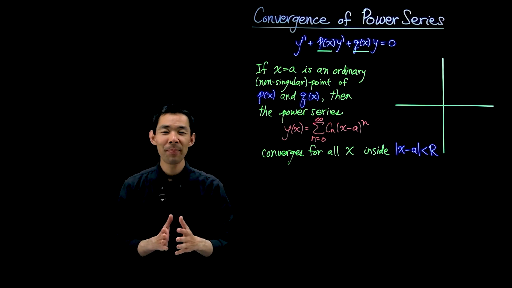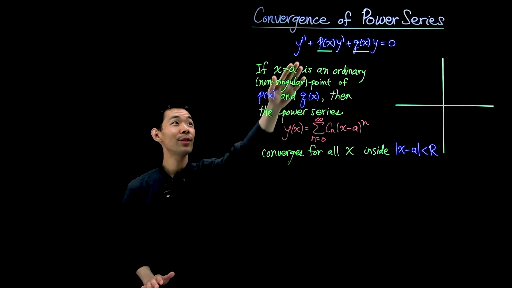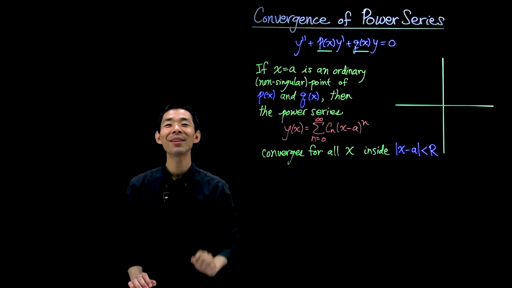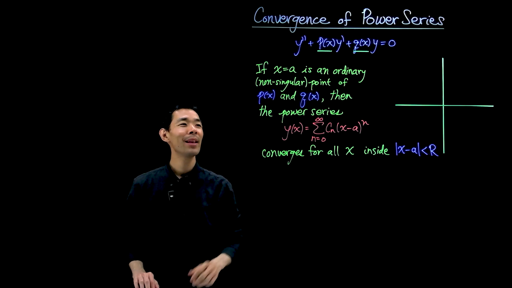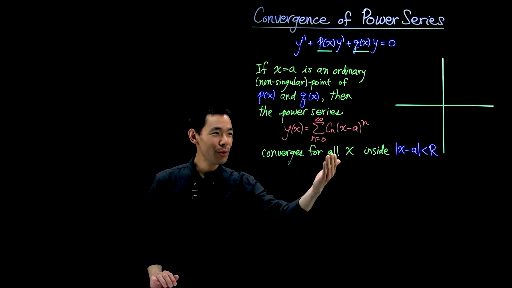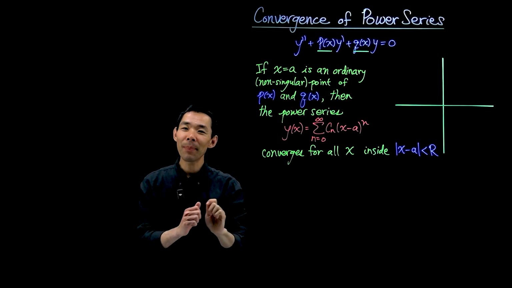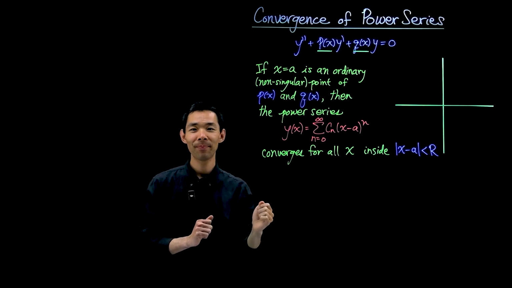Suppose we wanted to develop a power series solution to this generic linear second-order ODE. You want to express your solution as a power series expanded about some point a.